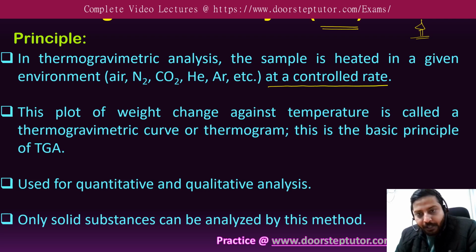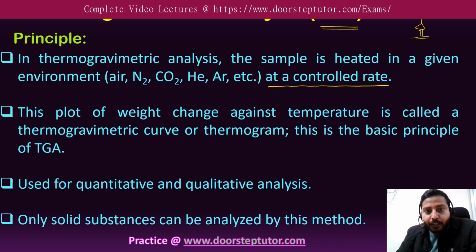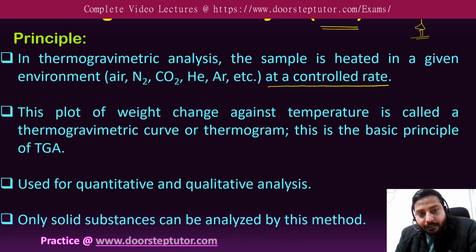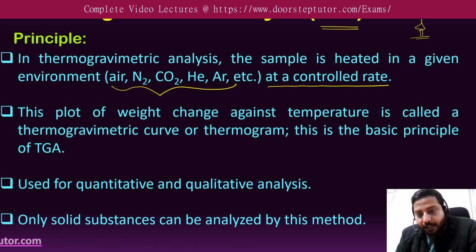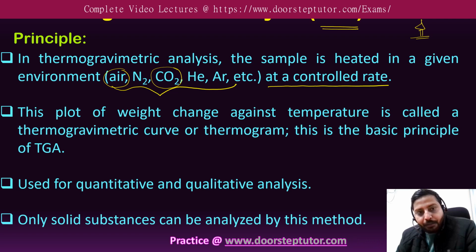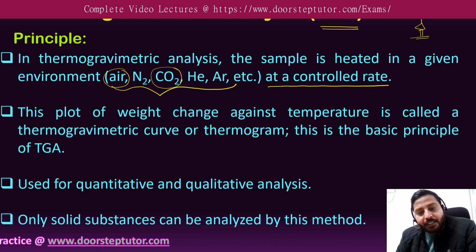This is important, at a controlled rate. In a different atmosphere, the graph which we get from the TGA, called the TGA graph or TGA curve, may be different.